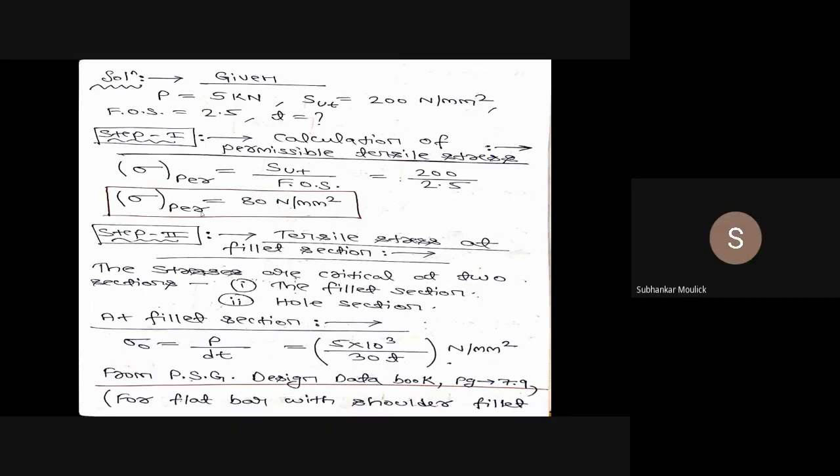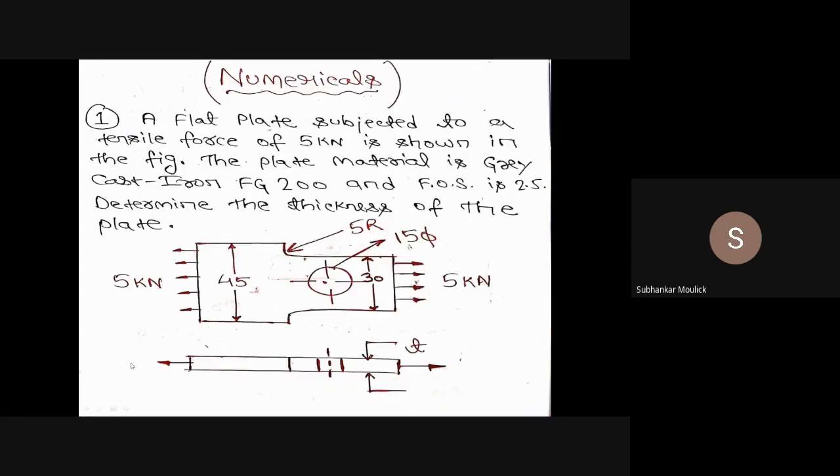No, sir. Okay. Next, the second step is that I need to find the value of maximum stress generated in the problem due to stress concentration. From the diagram, it is very clear that there are two regions of stress concentration. One is the whole region and the second one is the fillet region. So the stresses will be critical at the whole region as well as at the fillet region.